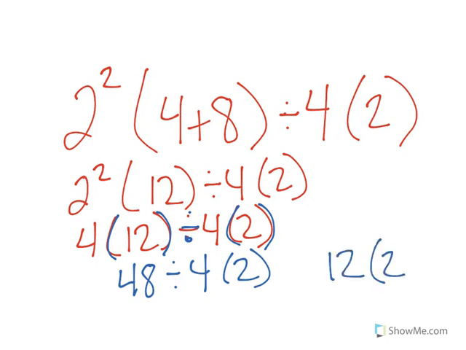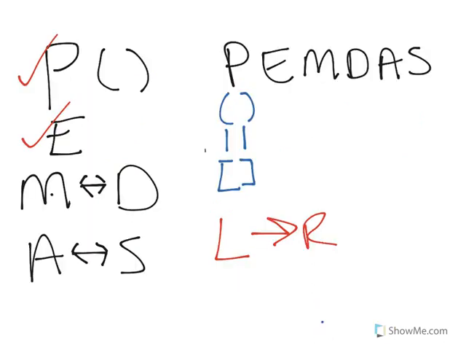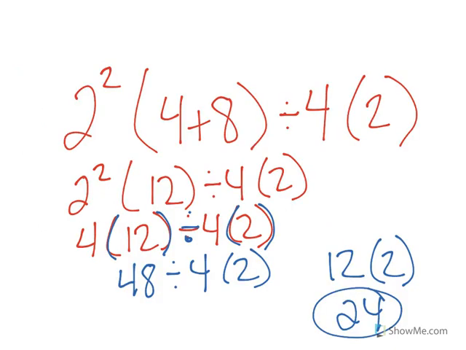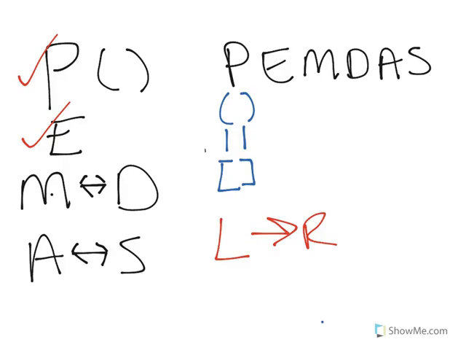And then 12 times 2 is 24. Again, I would encourage you to have your little checklist. As you do each step, check it off so you know what you should do next. And follow the order, you can get it correct. And then the last we have on the bottom, we have add and subtract. Again, this is add and subtract from left to right.